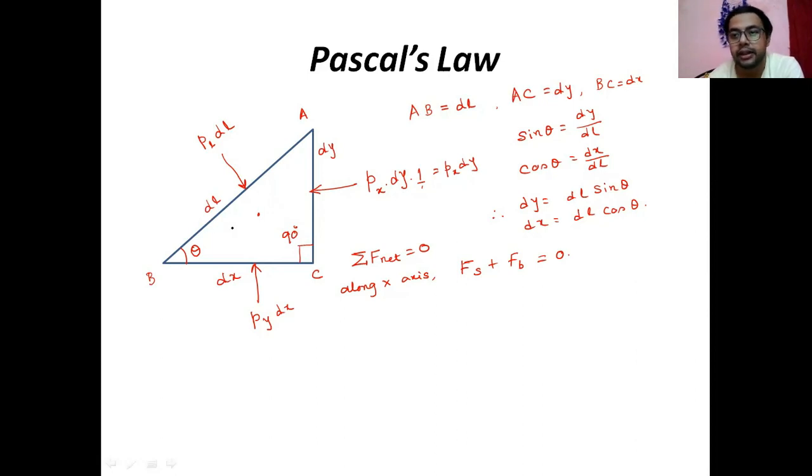We are not even mentioning the weight of the element, because we are taking this element from the horizontal force. We are not considering any body force along the x-axis and y-axis. It may be in the z-axis, but here we consider only the x-axis and y-axis.